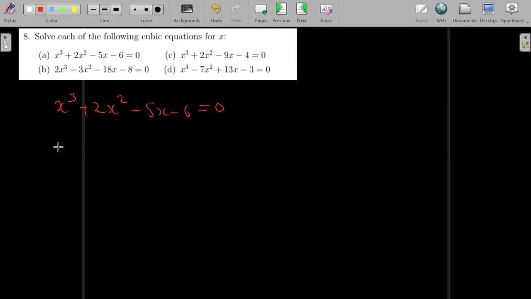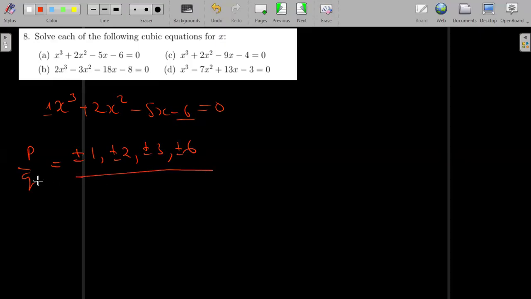The rational root theorem says, let's say we have p over q, and I say my p is this negative 6, then my q is the leading coefficient, which is 1. Then I get plus or minus all the factors of 6, the p, so plus minus 1, plus minus 2, plus minus 3, and of course plus minus 6.